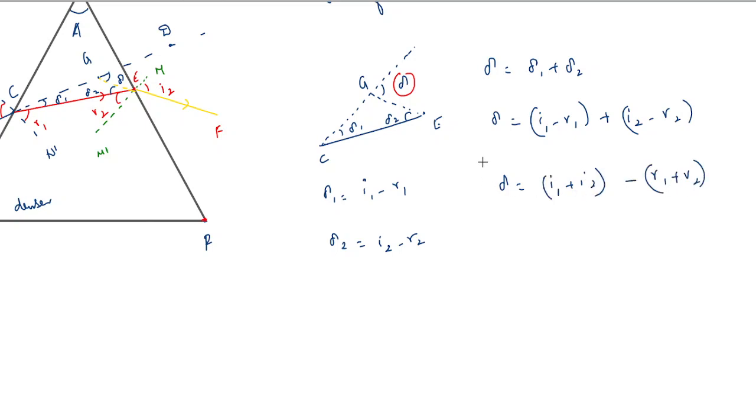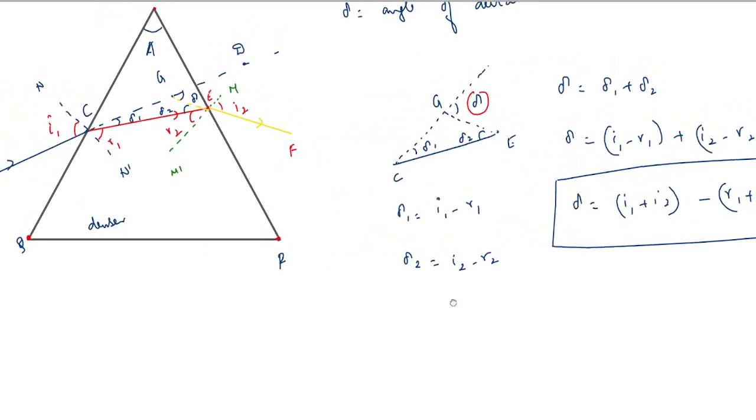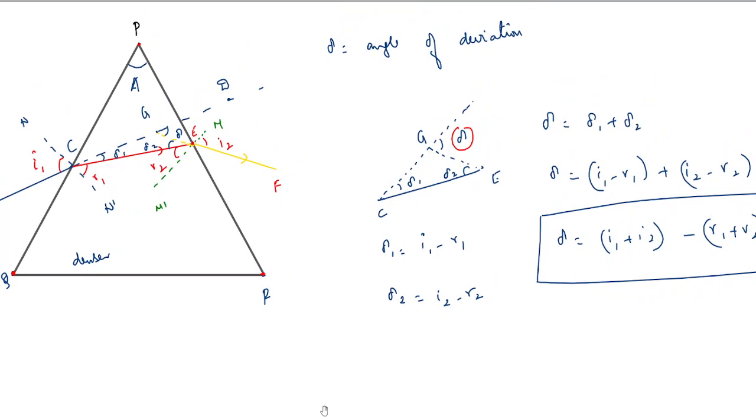So this is the total deviation produced. What is seen from here is that this deviation produced depends on I1 basically, because I1 controls R1, R2 and I2. So it depends on I1 basically.